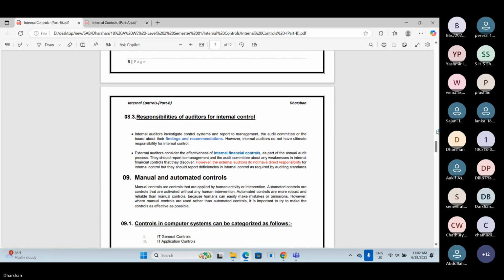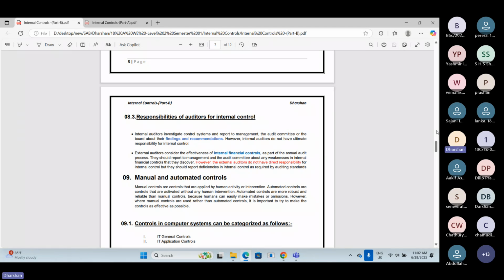Now, internal auditor and external auditor. Internal auditor's and external auditor's responsibilities. I will give some notes, some points or some words. Just write in your notebook. Write internal auditor on the left side and external auditor on the right side.